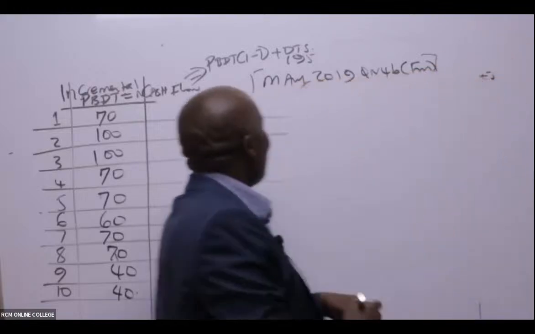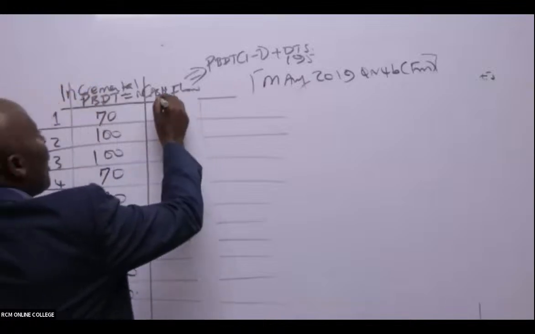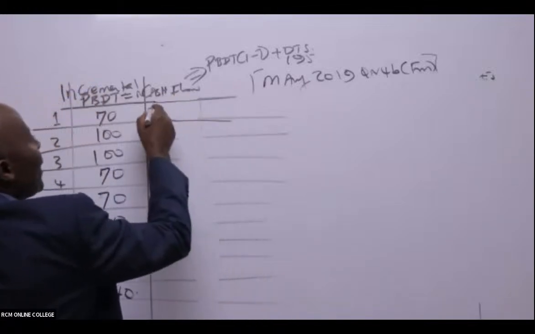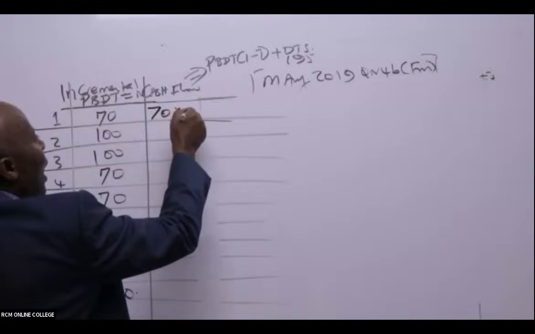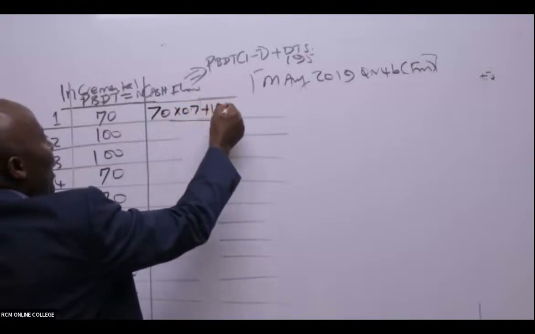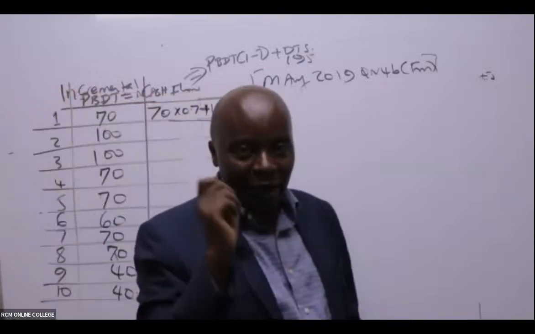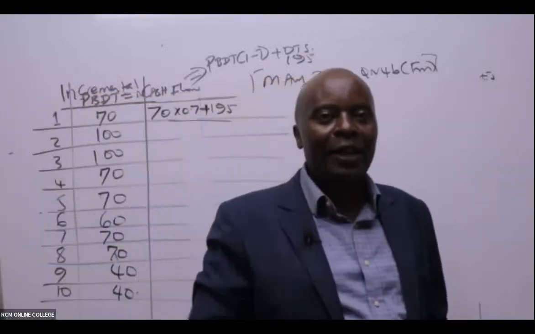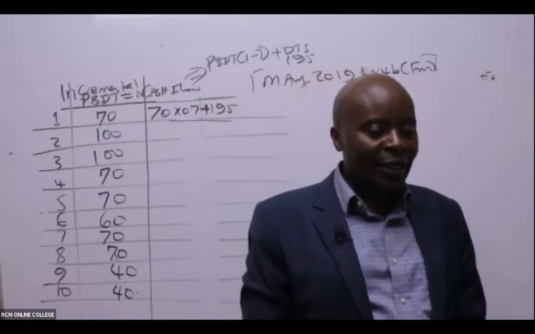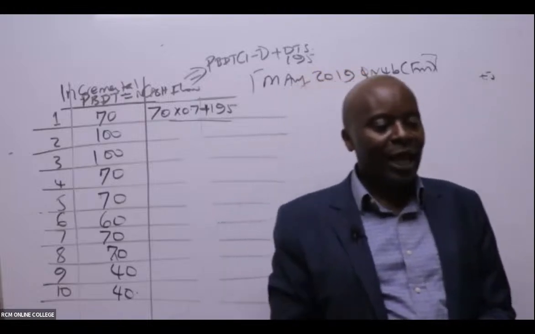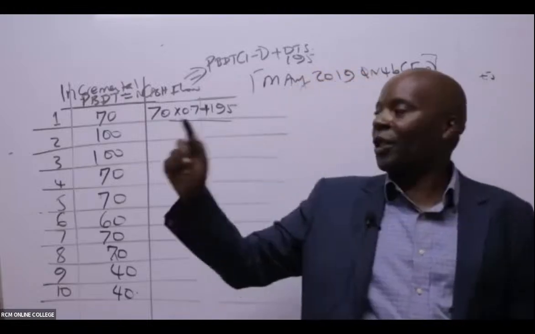When I break it up, this is what I will do. I will take 70 times 0.7 plus 195. I'm so sure that you guys haven't yet seen that 195. And if you have seen it, then you haven't seen this 0.7.